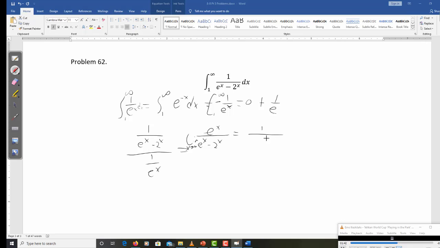I get 1 on the top, 1 minus 2 over e to the x, limit as x goes to infinity. And 2 over e is less than 1, because e is bigger than 2. As you get higher and higher powers, this thing will go to 0, but then you get 1 over 1, so this goes to 1. Because of that, they both have to converge or both diverge. We know this converges.